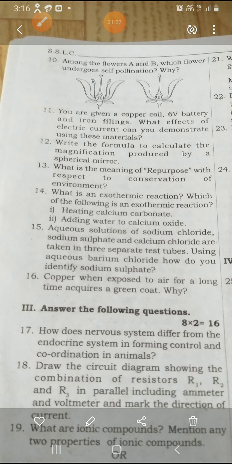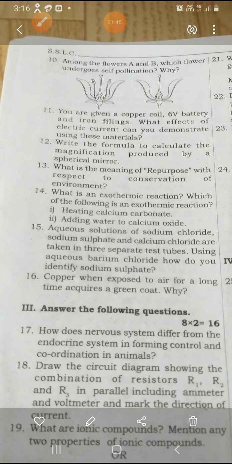So two things are very important here. One is opposite charges, and the second thing is electrostatic force. For example, what is the electrostatic force?